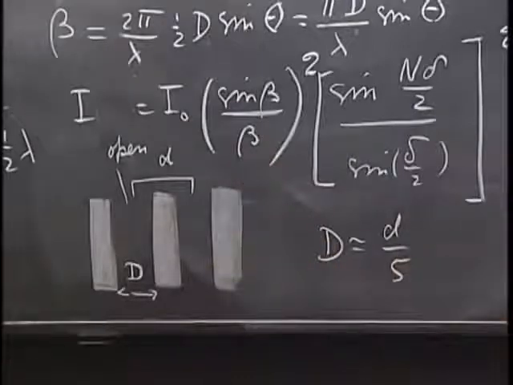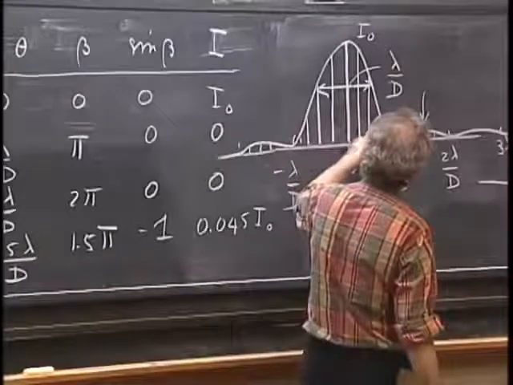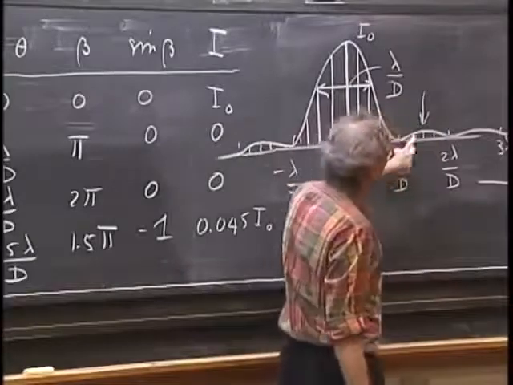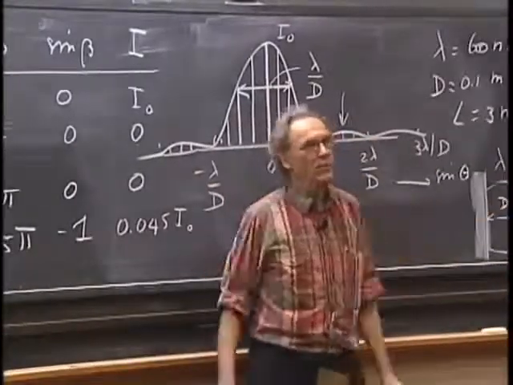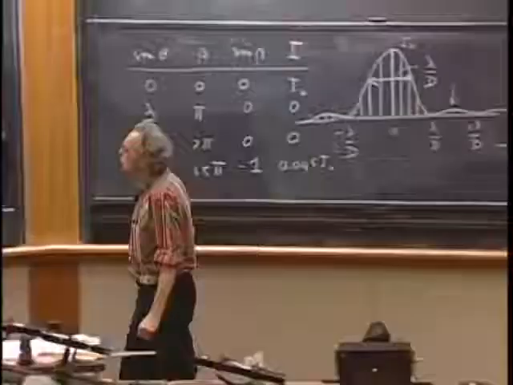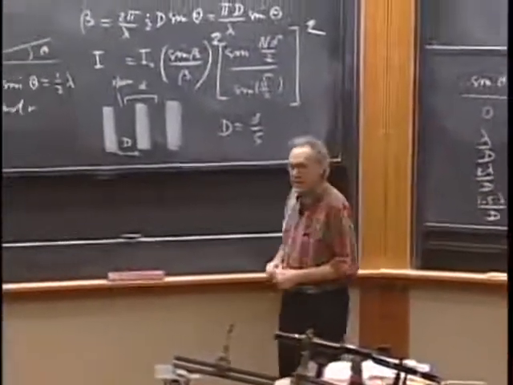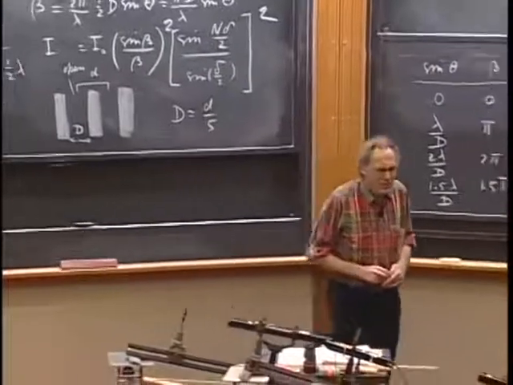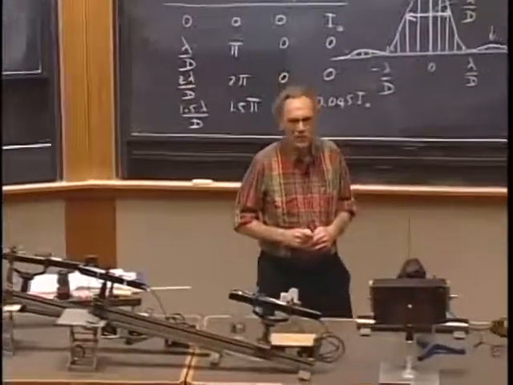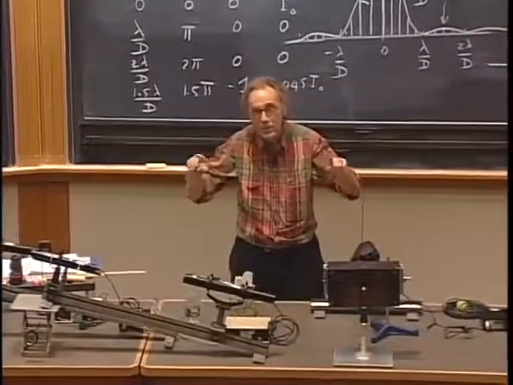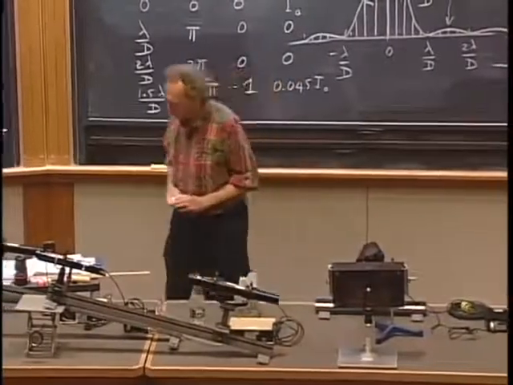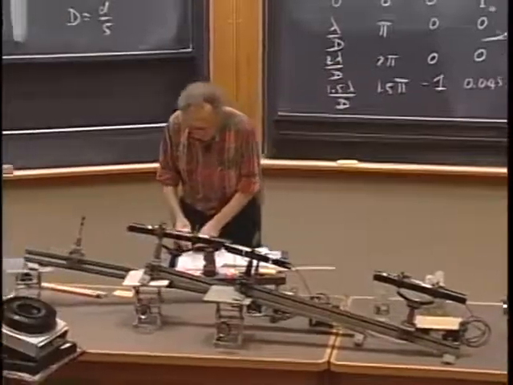So you would see the zero order, 1, 2, 3, 4, and 5 would be killed here, and then they would build up a little again, and then ultimately, of course, they would all peter out. And so if I show you a spectrum of a grating, you can roughly estimate what the ratio capital D over little d is by seeing that modulation pattern. And so that's what I want you to see now.